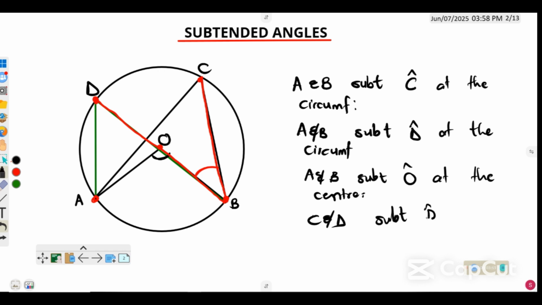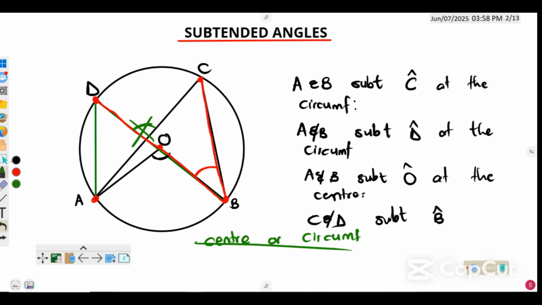Sorry, not angle D, angle B. We don't only look at the circumference, right? It's the circumference and the center. There's another angle there which is subtended by C and D, but we won't be paying attention to this. In most cases, we will only be dealing with the center or the circumference. Those are the only angles of interest we are looking for.